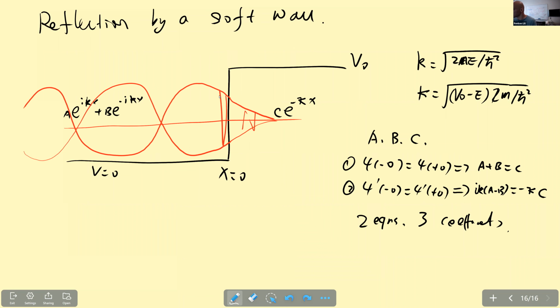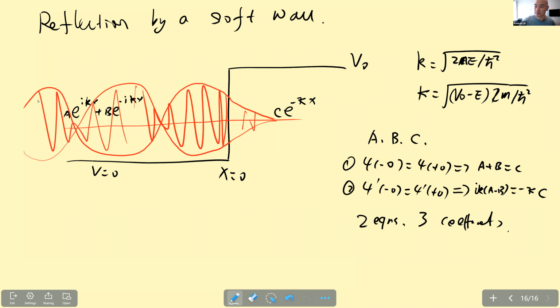So it starts to oscillate like this one. So you can see that it's not a standing wave anymore, but it has some penetration and turns into this one. And again, from this one, A and B should have some phase shift, right? They will not be perfectly opposite.